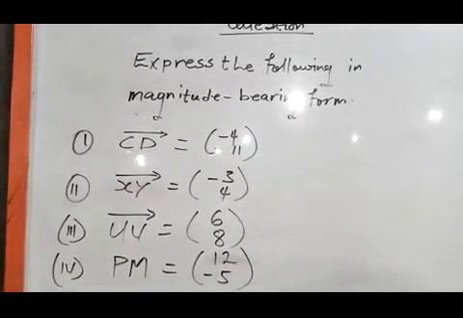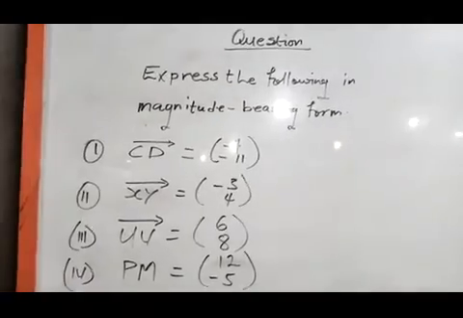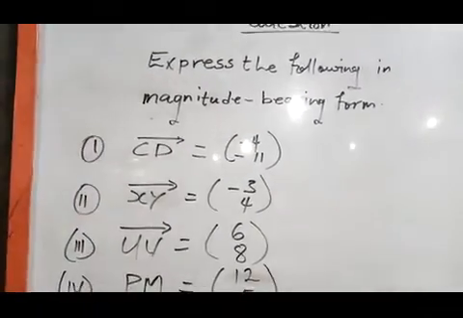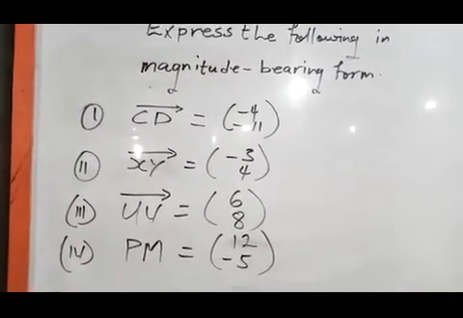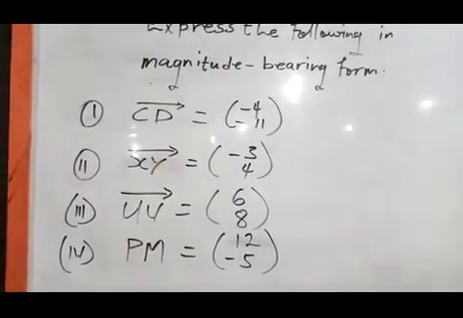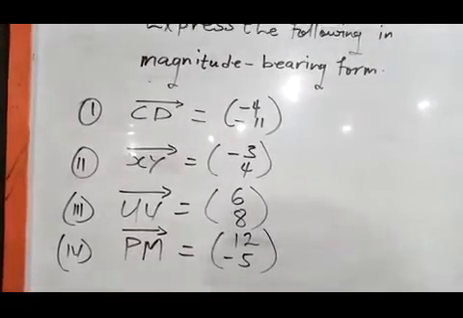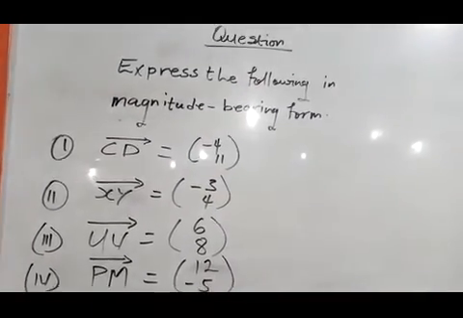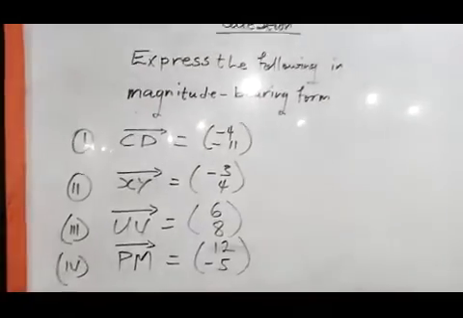This is the assignment I'm going to leave you with. You have to express all these questions in the magnitude-bearing form. You have CD equals (-4, -11), XY equals (-3, 4), UV equals (6, 8), and vector PM equals (12, -5). So you have to use the magnitude-bearing form in representing all the following.